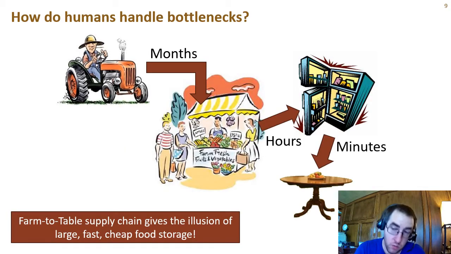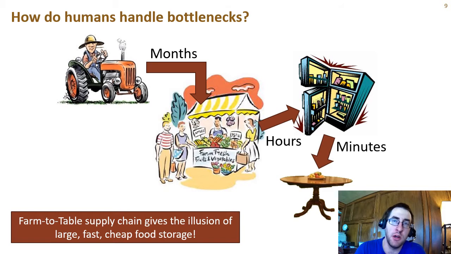One way to handle problems where we have a resource that takes a long time to access is to use a hierarchical approach. So here's an analogy of a supply chain, specifically for food. It takes several months, maybe even a year, for a full cycle of farming food.